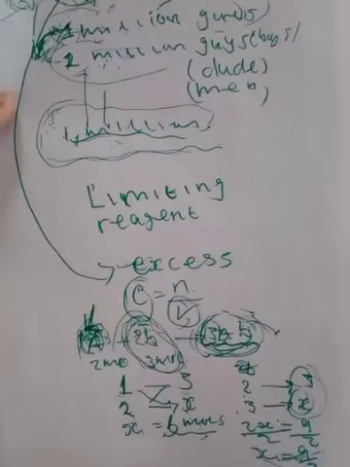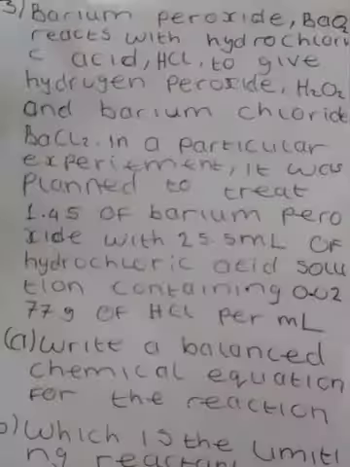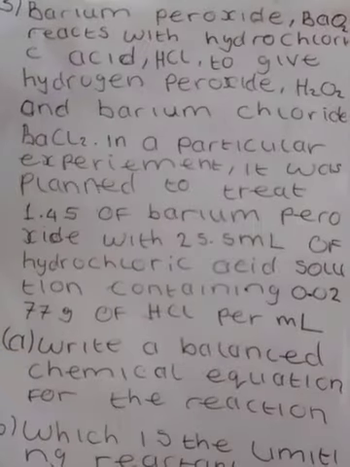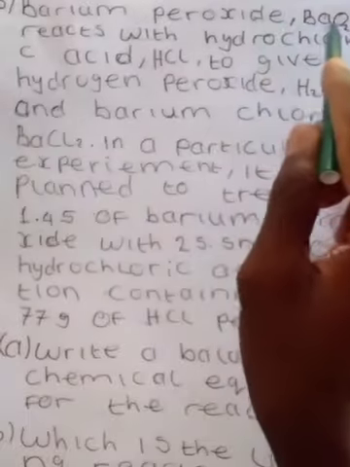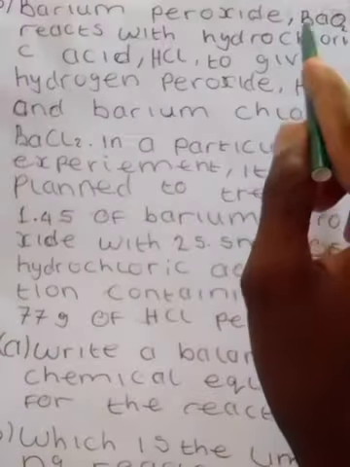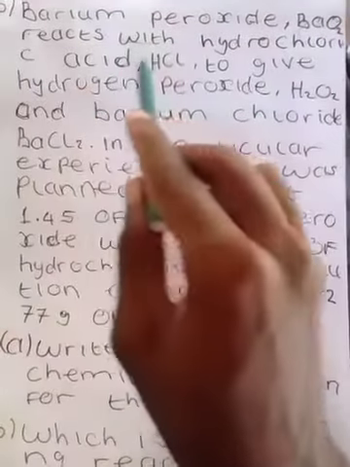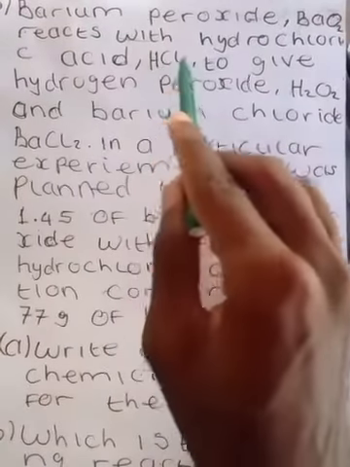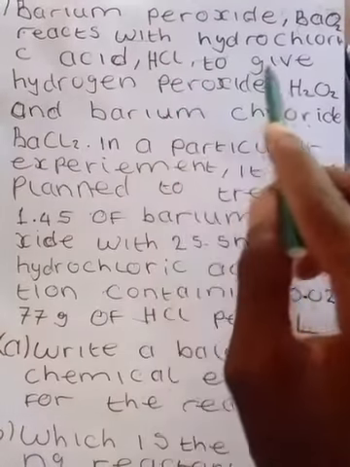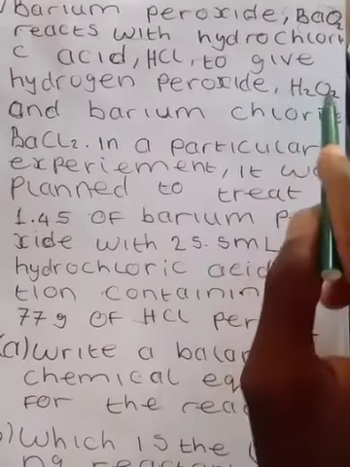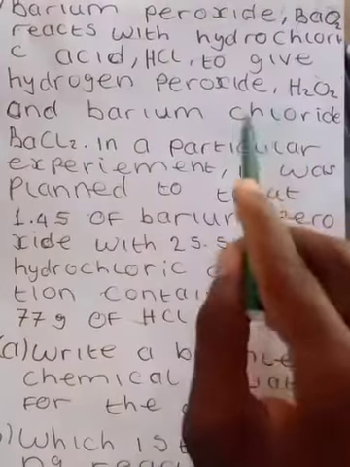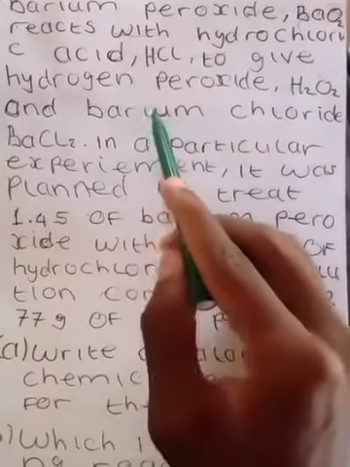So here is the question that we are going to solve. The question is saying that barium peroxide, which is represented by this formula, reacts with hydrochloric acid, represented by this formula, to give hydrogen peroxide, represented by this formula, and barium chloride, represented by this formula. So you know that there are 2 products and 2 reactants.